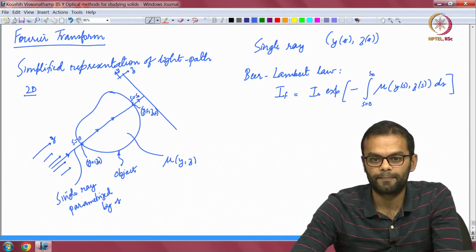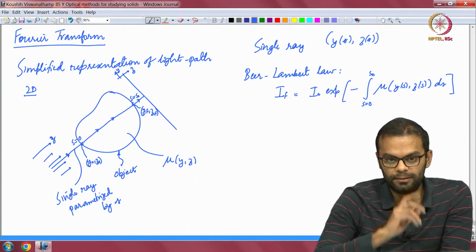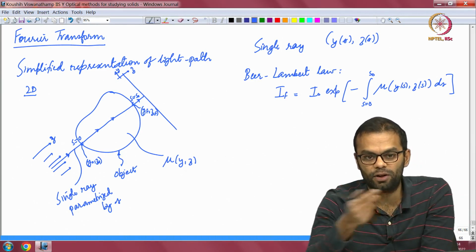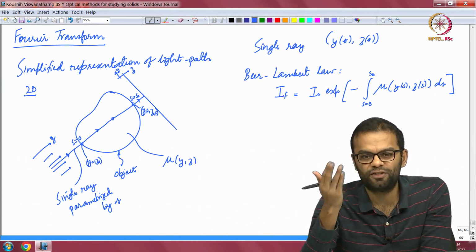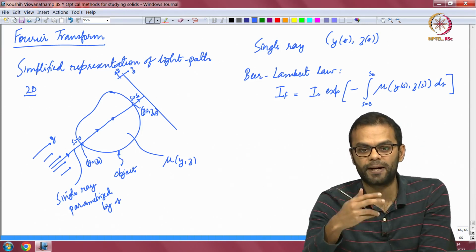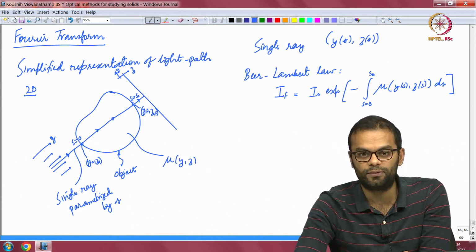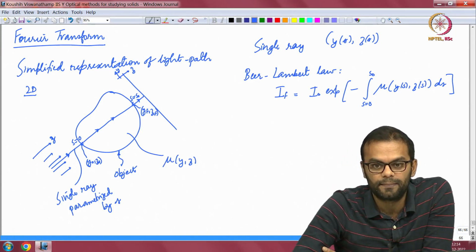So the intensity is exponentially falling off as the light ray passes through the material. This makes sense because the farther you go the more absorption is happening, so you would expect a strong fall off to be present, and this exponential is exactly that.